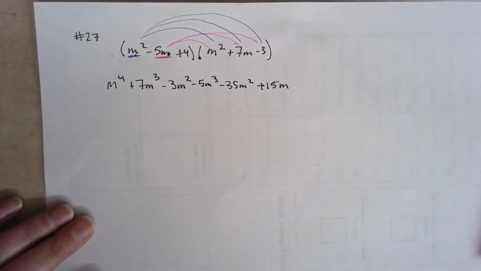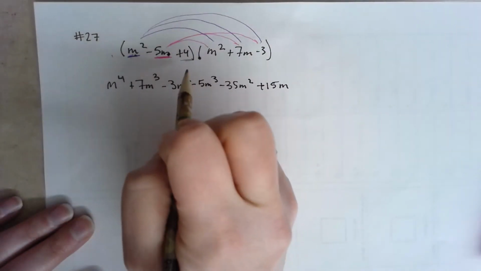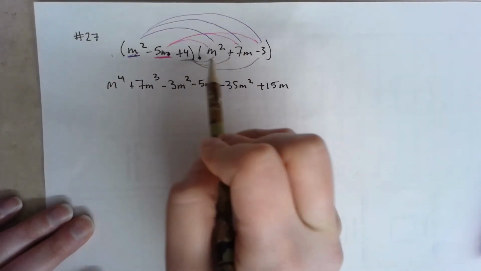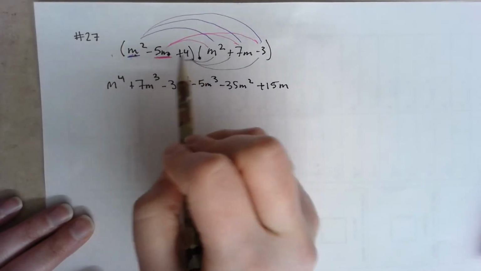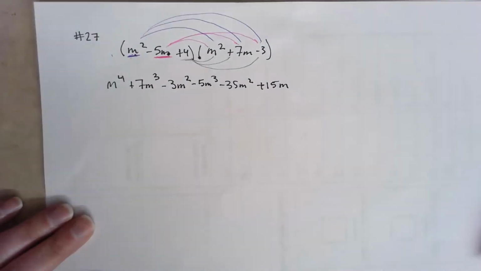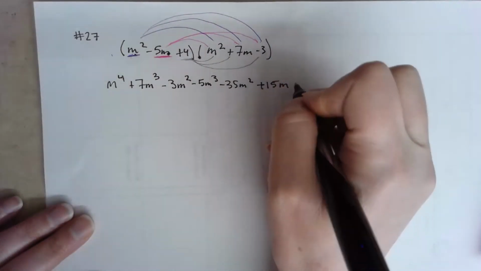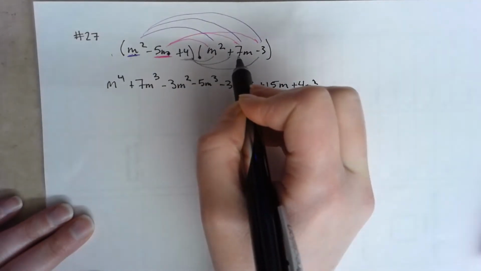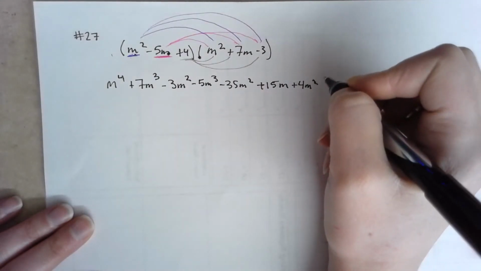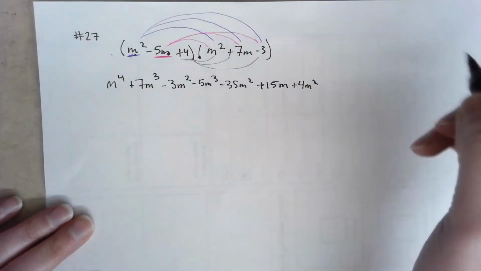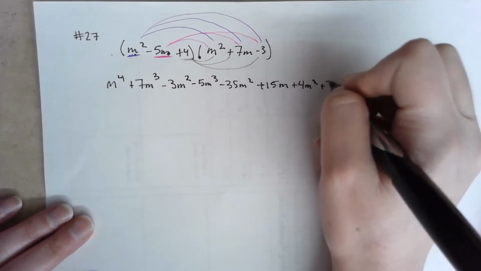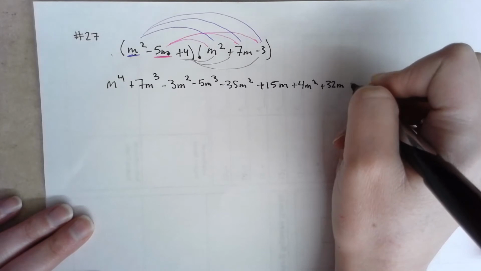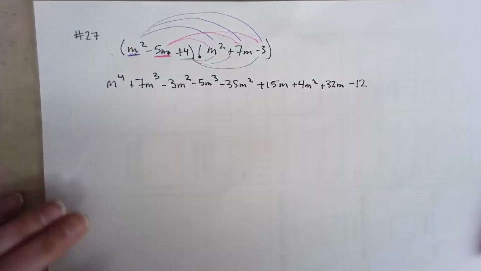Now we have this 4 getting multiplied by all three again. So this second term is used 1, 2, 3 times because I have 3 things here. So 4 times m squared is positive 4m squared. 4 times 7m is, what is that, 32m? And 4 times negative 3 is negative 12.